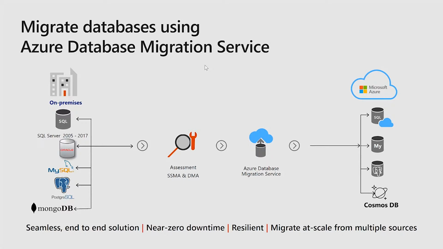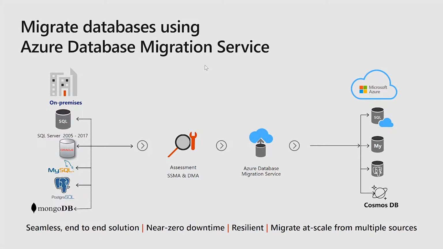We also support migrating from MySQL and PostgreSQL to Azure Database for MySQL and Azure Database for PostgreSQL. And we also support migrating from MongoDB to Cosmos DB. More migration source and target pairs are going to be enabled in future releases.